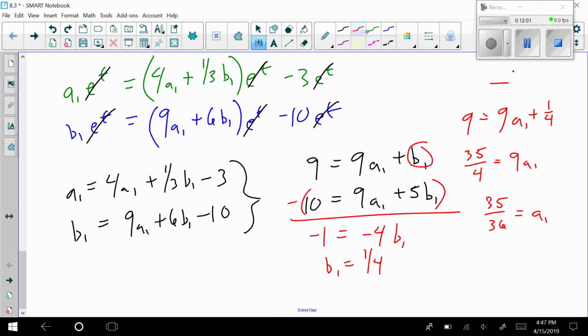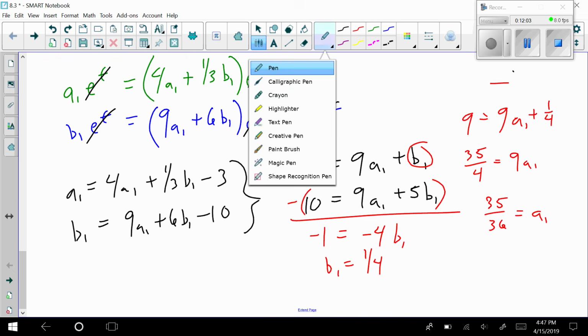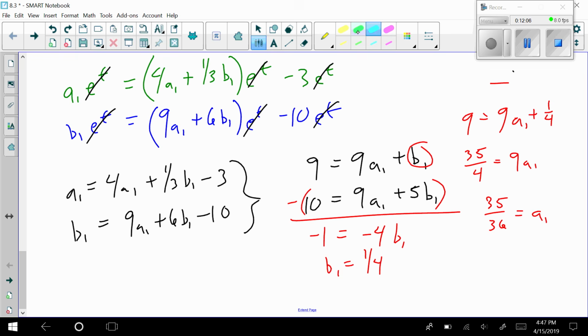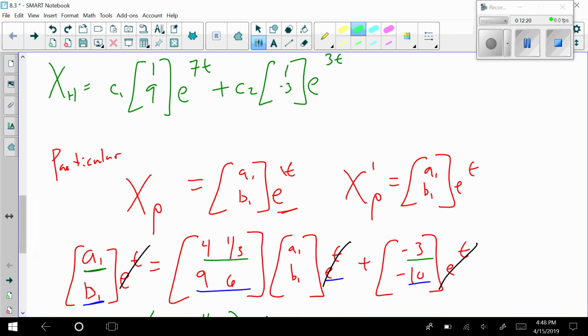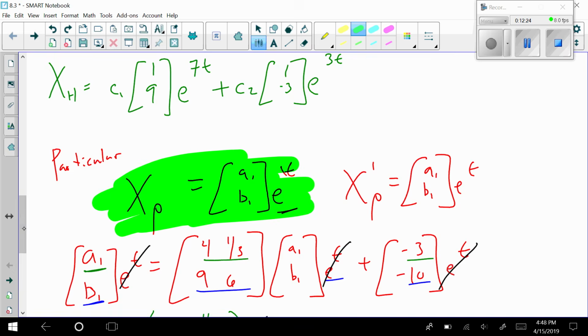I have found both of my missing constants inside of my particular solution, which I claimed was this at the start, right?